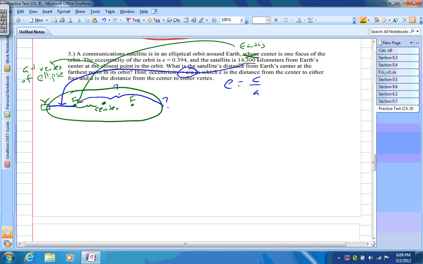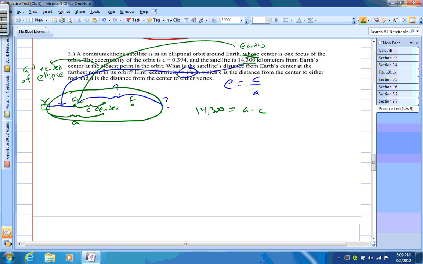I do know this has to be C. And I do know this has to be A. Now, another thing to keep in mind is that the distance, 14,300, is going to equal A minus C.